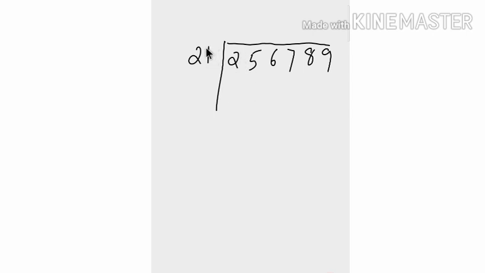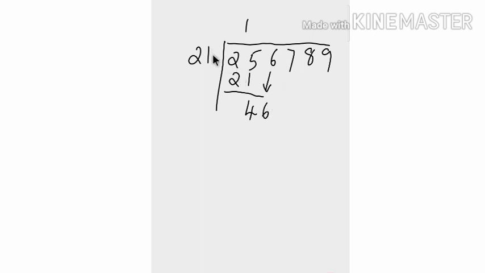There is no 21 in 2, so let's combine these two digits. In 25, 21 is there, so write 1 on the top. 1 into 21 is 21. 25 minus 21 is 4. Bring this 6 down.